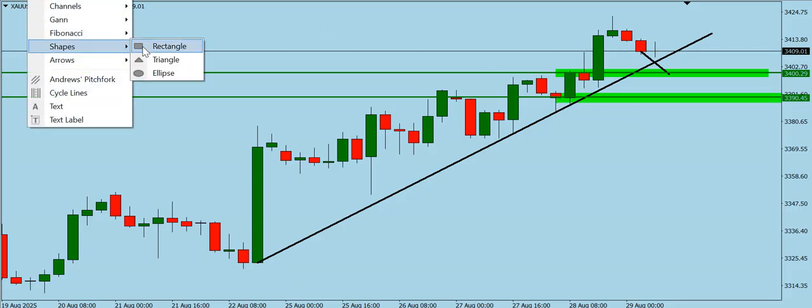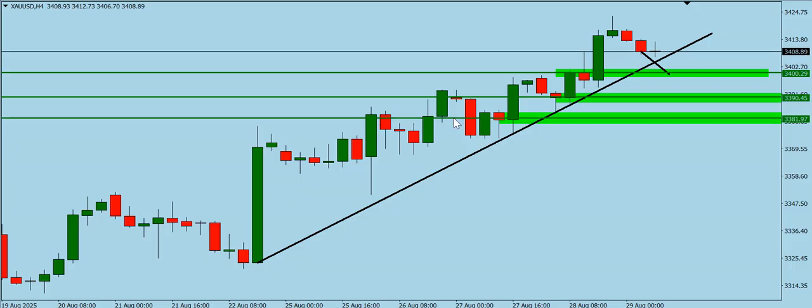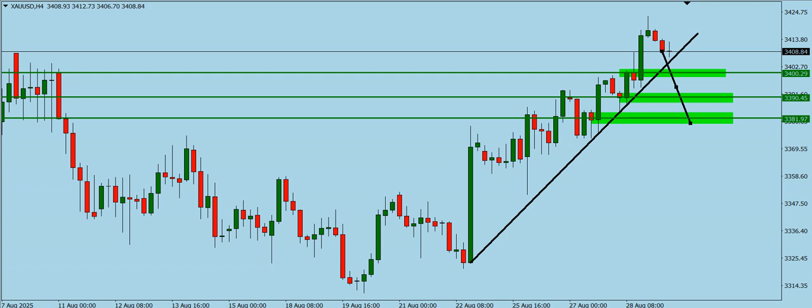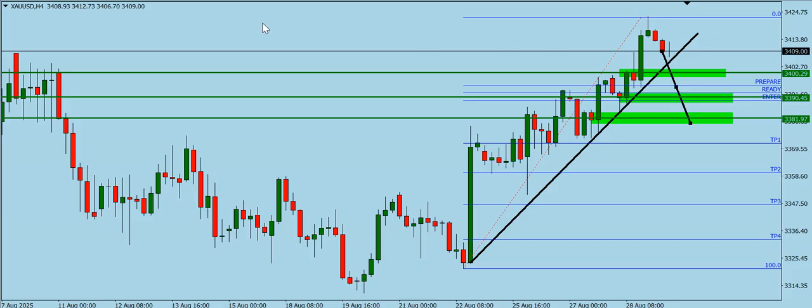And we have another set of buyers lined up around here, at the 3381 level. So until we see a break below all these levels, we do not start to look at a bearish setup. But in as much as all those levels might be broken, we have the Fibonacci retracement levels as well.